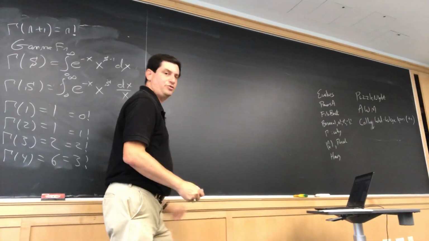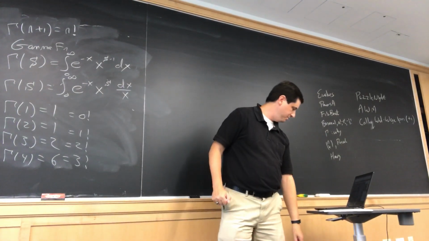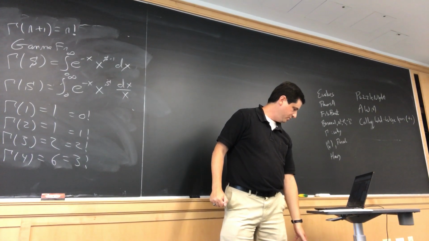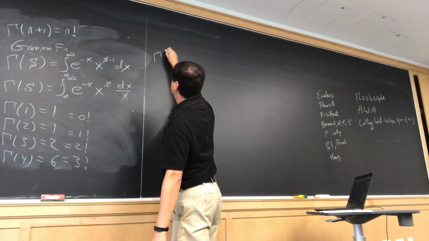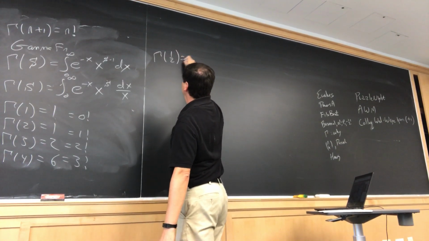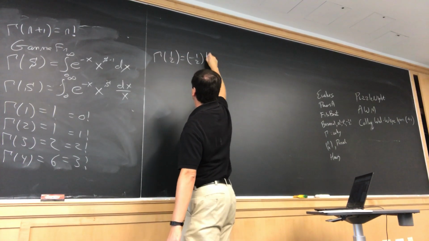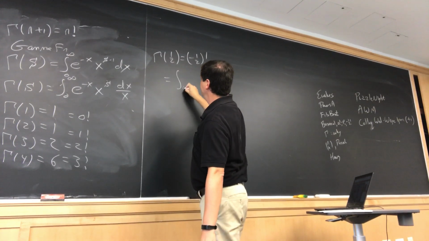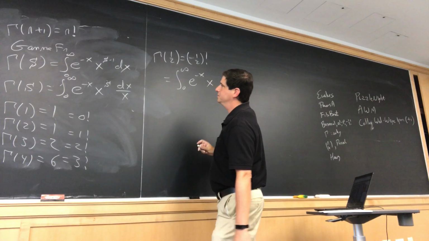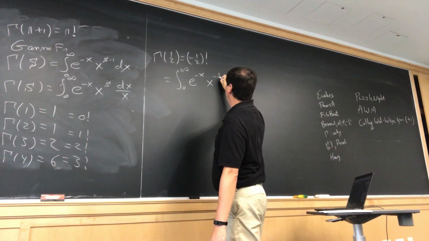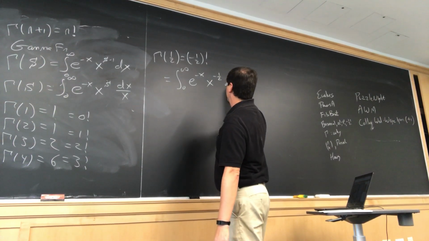I'll quickly try to get gamma of 1/2. Do we have time? Yeah, I think we have time. So gamma of 1/2 would be -1/2 factorial. This would be the integral from 0 to infinity of e to the minus x, x to the -1/2 dx.